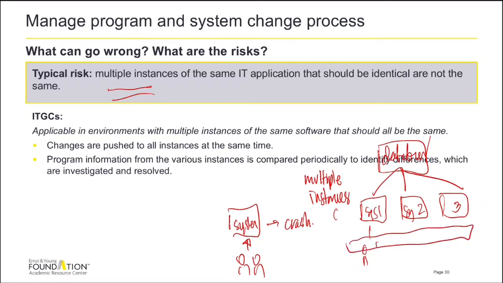So usually meron tayong tinatawag na load balancer. Once na mag-try yung isang user, tapos let's say 300 people na yung nasa system 1, it will try to balance out and move other people to the other system. So hindi magka-crash yung system, it will be able to be used without problems, but still the data is the same. So the multiple instances of these systems should be the same. So there would be no differences in the experience or the data and features present.